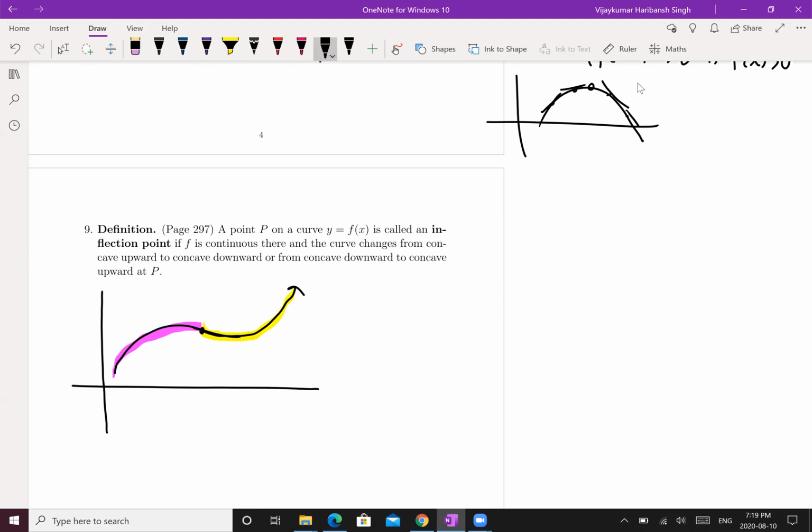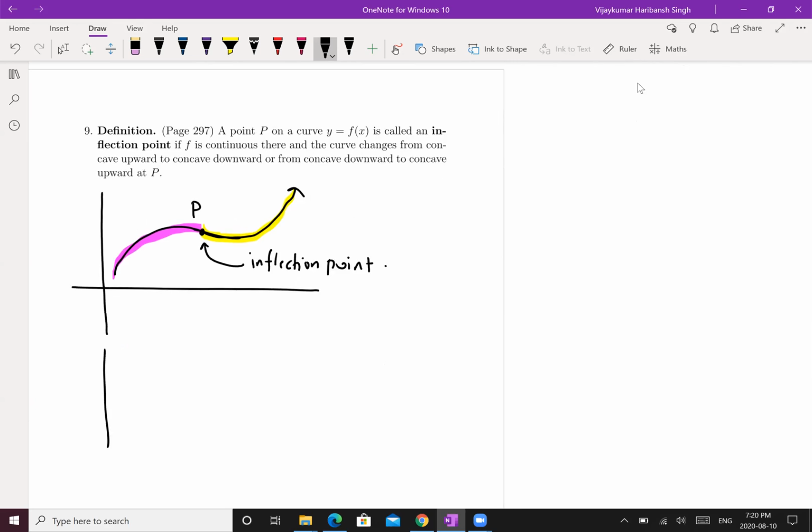This point P on the graph is called an inflection point. Similarly, if the graph changes from concave down to concave up, or from concave up to concave down, we get what is called an inflection point. Here the second derivative is greater than 0, here it is less than 0.